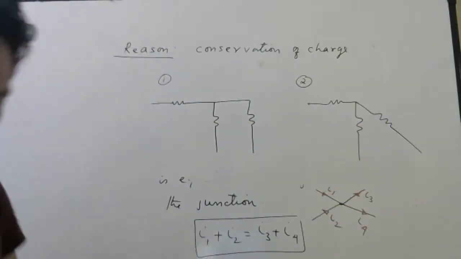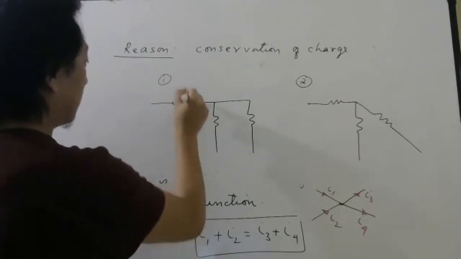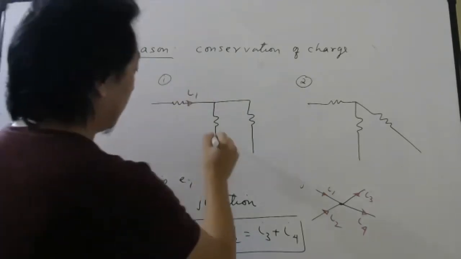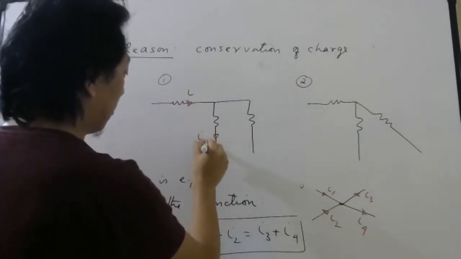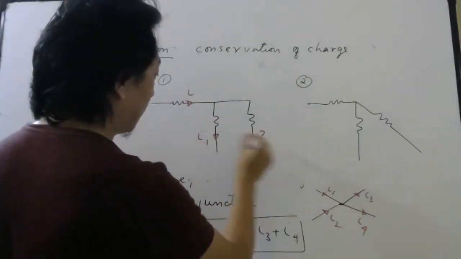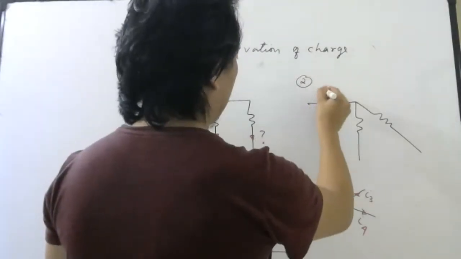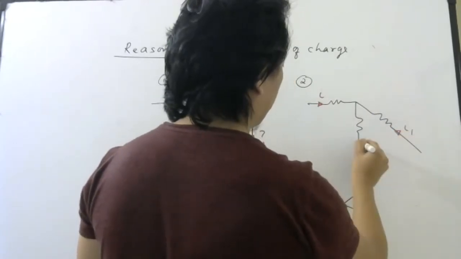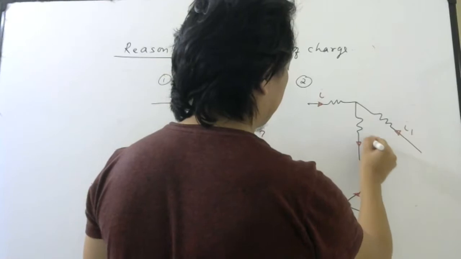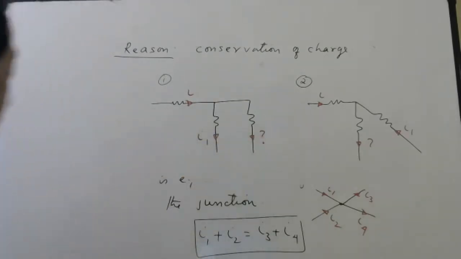Let us say current here is I, here is I1. And here it is I, here it is I1. So how much should be here? Answer should be in terms of I and I1.